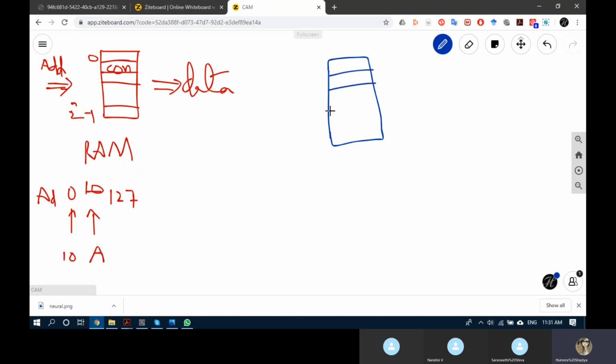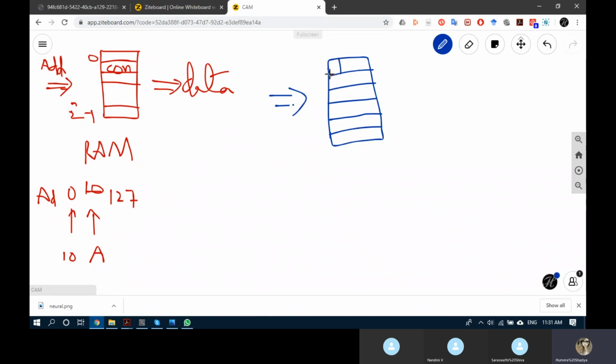You have the data stored in these locations, and if you have to search for data, you have to specify either the entire data block stored or part of the data block.